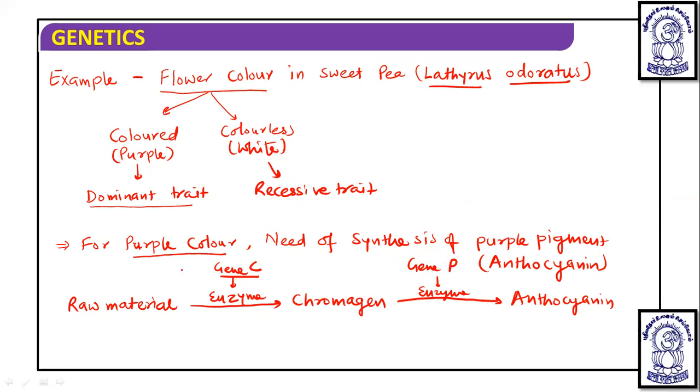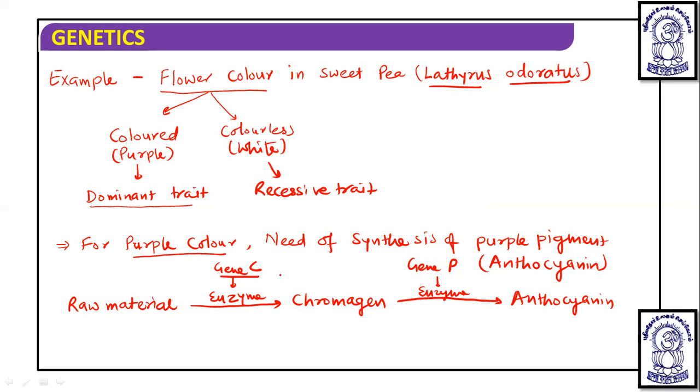If gene C is in dominant form, in homozygous or heterozygous condition, then chromogen will be produced. Along with dominant C, if dominant P is there, then and only then the second enzyme will be produced. If both enzymes are functional, then and only then the raw material gets converted into anthocyanin.